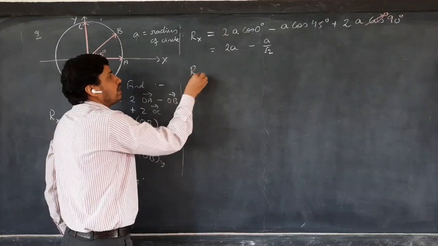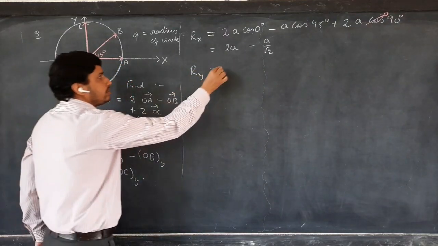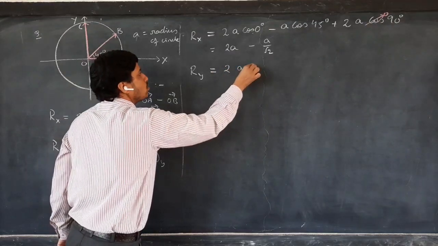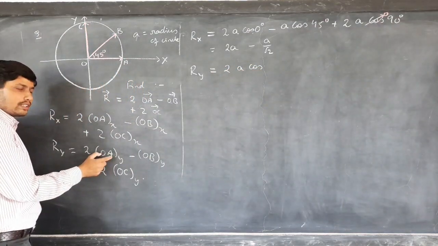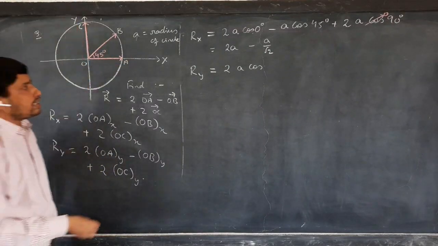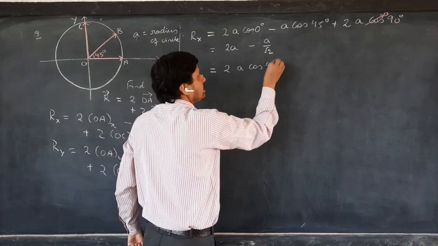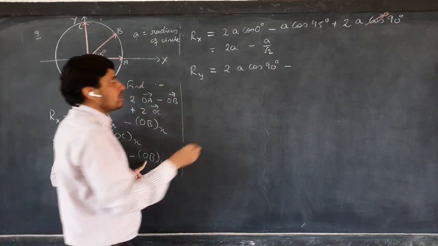Likewise, we will find Ry. 2a into cos of the angle made by OA vector with the y-axis. OA vector makes a 90-degree angle with the y-axis, so this becomes cos 90, minus the y component of OB vector.